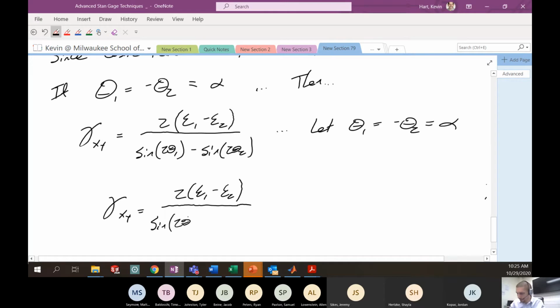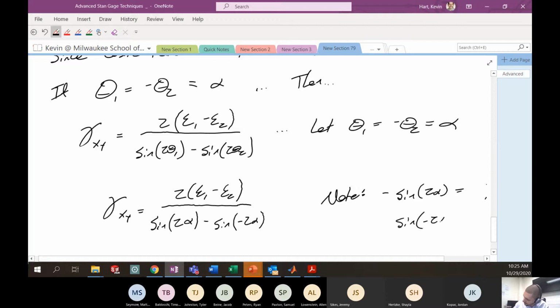Sorry, 2 alpha: sine 2 alpha minus sine negative 2 alpha. All right. Let's note here the following trig identity, that negative sine 2 alpha is equal to sine negative 2 alpha.